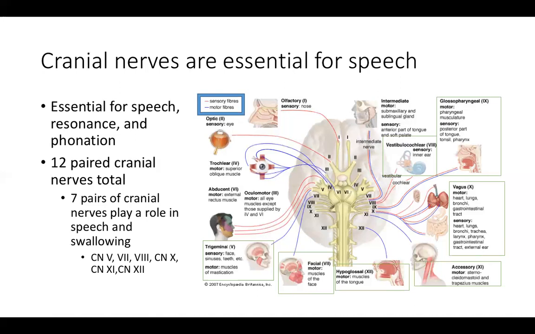There are 12 total cranial nerves, and 7 of those are the critical ones that play a role in speech and swallowing. And so the trigeminal, the facial, the hypoglossal, accessory, the vagus nerve, the glossopharyngeal, and the vestibulocochlear are amongst those.